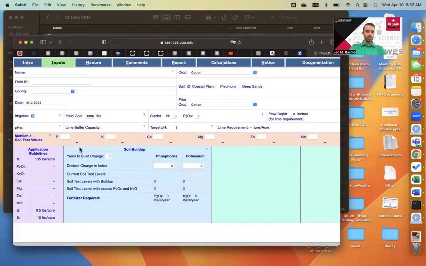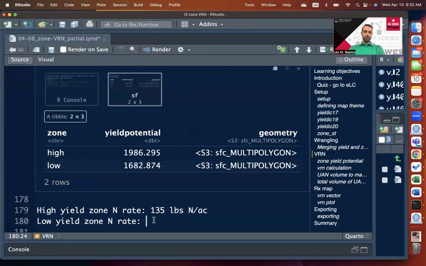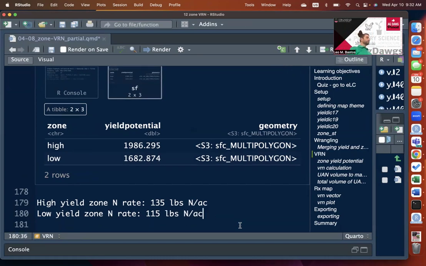If we go to here and just change the yield goal, then this gives me a nitrogen rate of 115 pounds of nitrogen per acre. All right, so we figured out the rate for our zones.